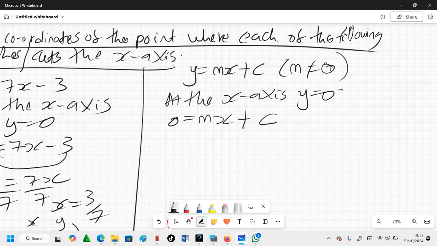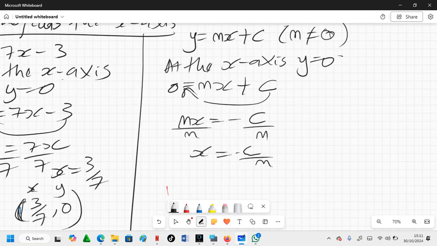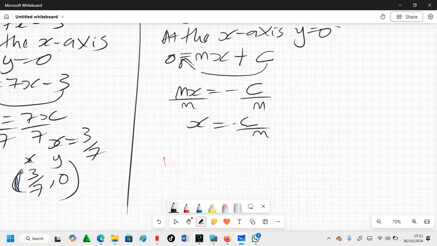So we'll take c to the other side first, so that we have mx being equal to negative c, and then we'll divide by m, so that x is going to be negative c over m.